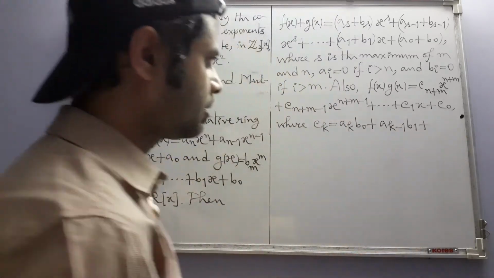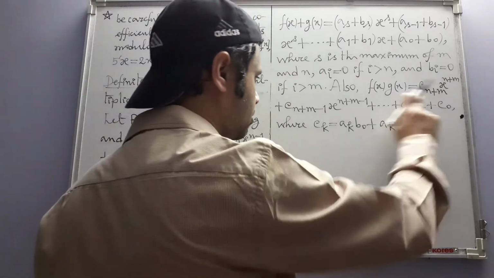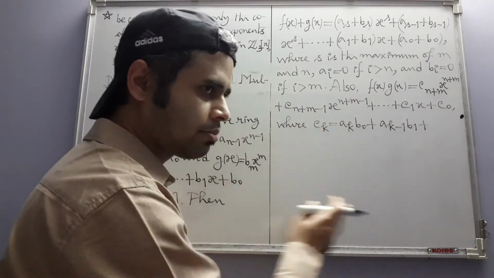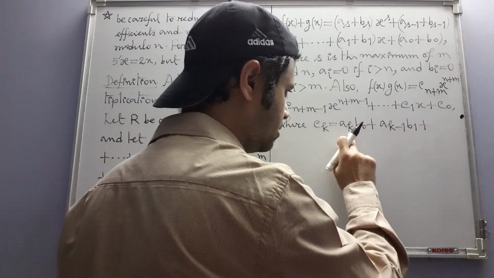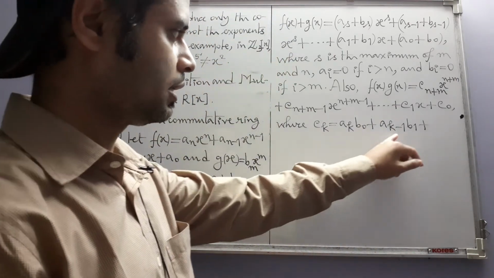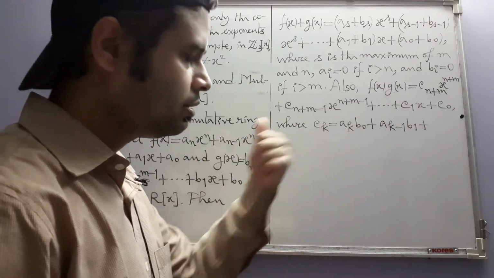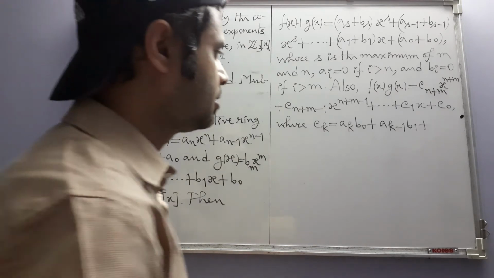So the product of the two polynomials is again a polynomial which looks like this, where the c_k is a sum of such products, where in each product you see these subscripts k, 0, k-1, 1. Sum of those subscripts should be k. All such possible subscripts have to be taken.